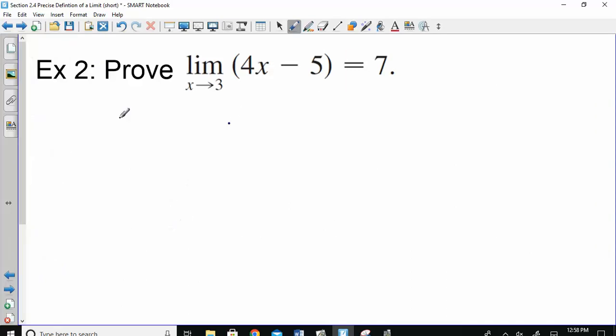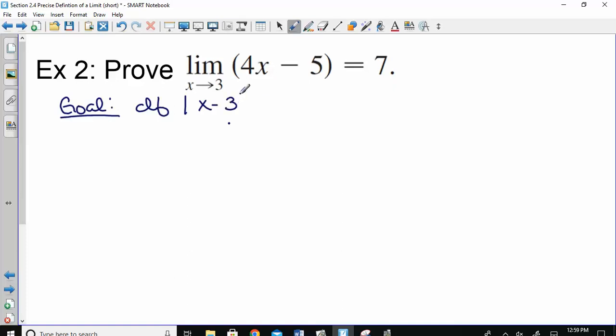So, our goal, and I write this out every time just to try to show you guys what we're doing, is the proof. So the definition says, if the absolute value of x minus a, what is my a value here? 3. A is what x is approaching.